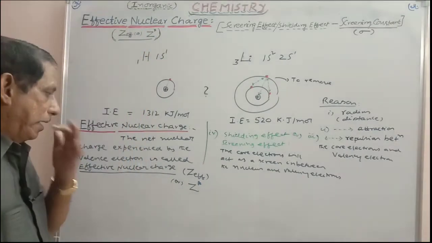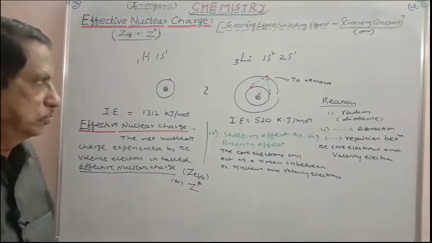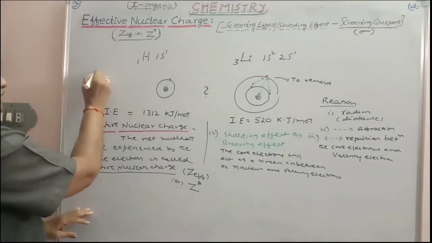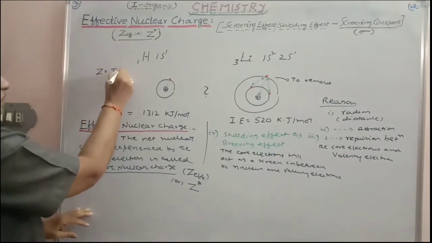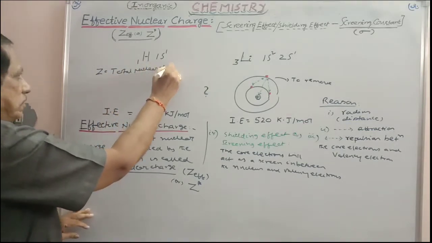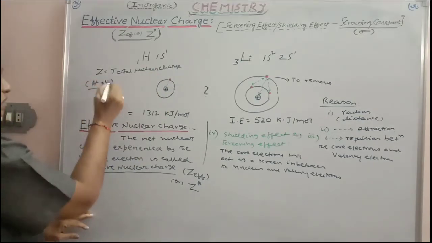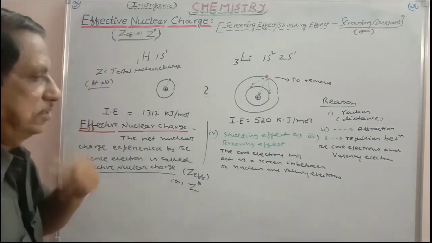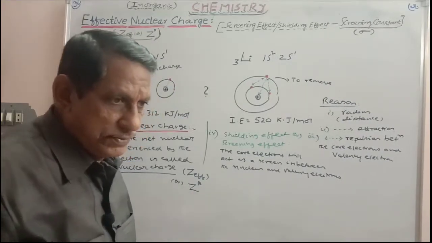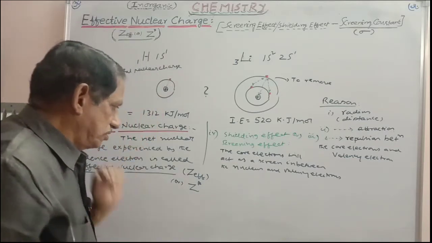So here, if you want to calculate the Z effective, you have to first take the atomic number. Z is the total nuclear charge. It is nothing but atomic number. Atomic number gives the total nuclear charge. That influence is not felt onto the outer electron. The remaining force of attraction, what is there, that is nothing but the effective nuclear charge.